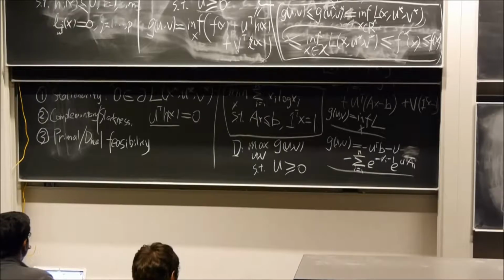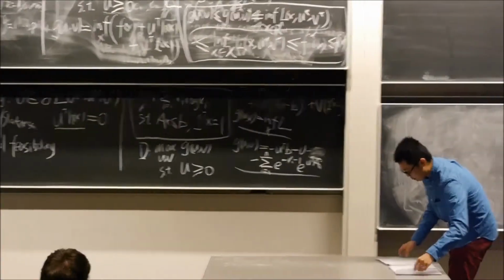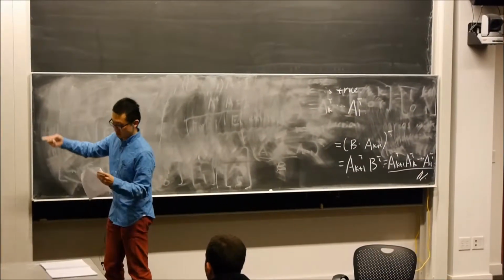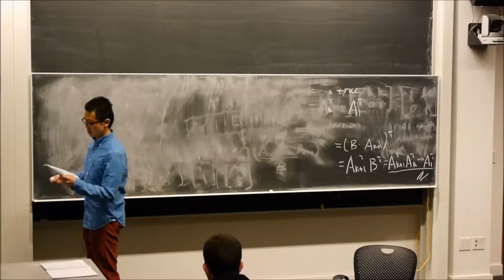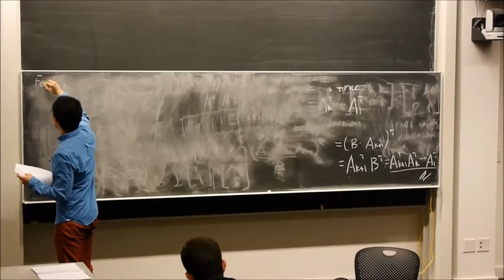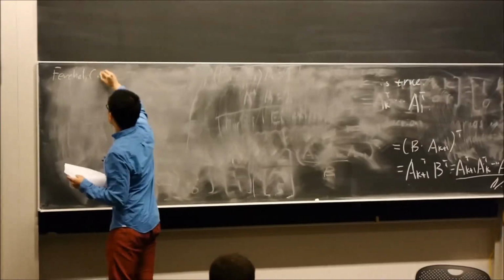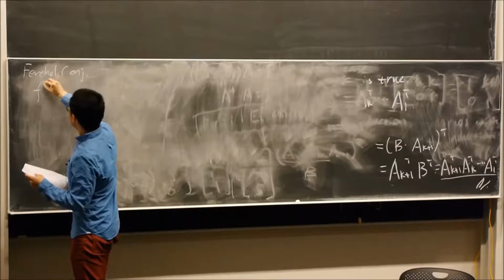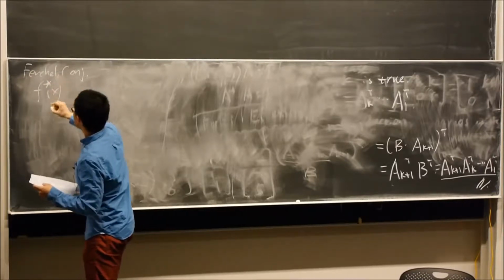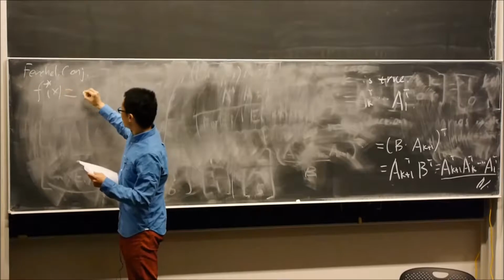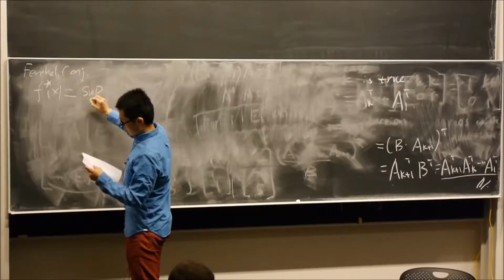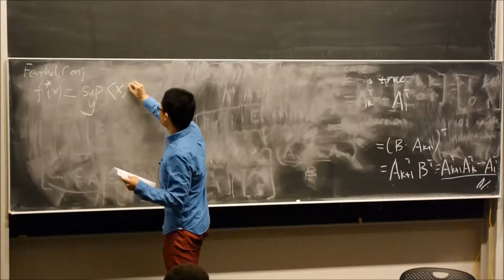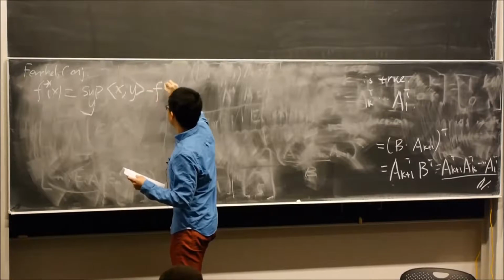Let's get to a more interesting example: how to accelerate the process of deriving the dual by using the Fenchel conjugate. The Fenchel conjugate, sometimes called the Fenchel dual, is just to write the conjugate of f as the sup over y of the inner product of x and y minus f(y).